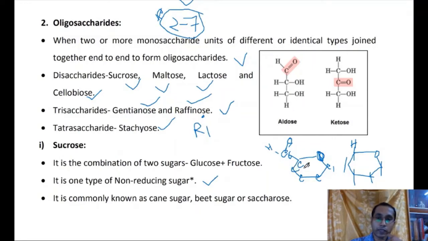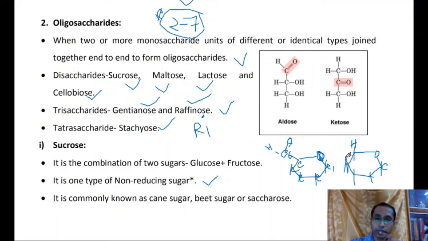You can see here 1, 2, 3, 4. 1-4 unit, that means carbon atoms 1 and 4 will be involved. This is number 1, here the hydrogen, and this is the fourth number, 1, 2, 3, 4.